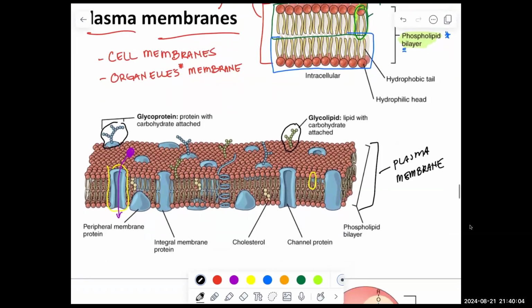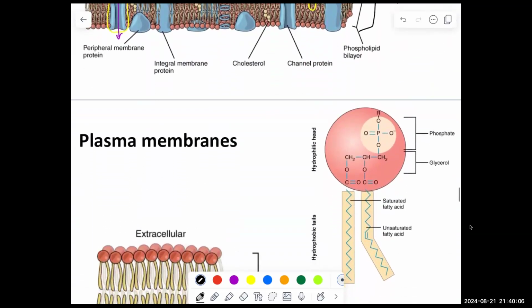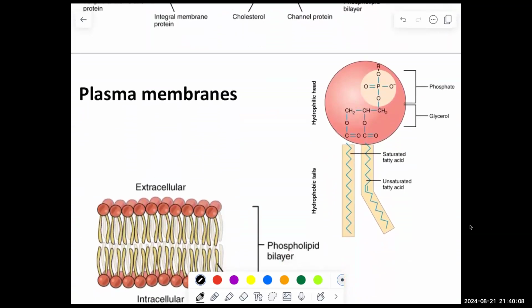When we look at the phospholipid bilayer, what is important is to understand that this red ball right here represents one phosphate group. That is a phosphate chemical. That is important because that end is a hydrophilic end.